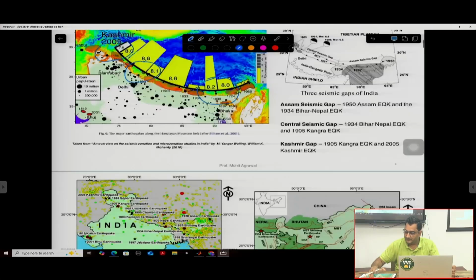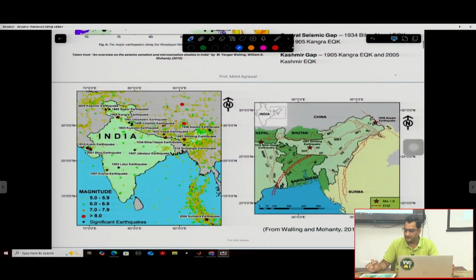And then we discussed the seismicity in the Indian subcontinent, and we marked major epicenters for different magnitude ranges. You can see the clusters of earthquakes are mostly located in the plate boundary region, and there are chunks of earthquakes in southern India or peninsular India.